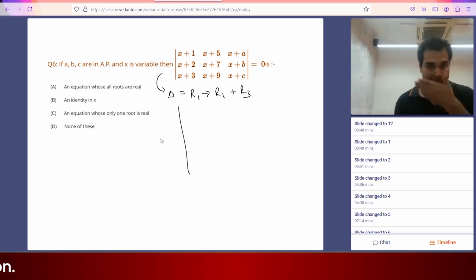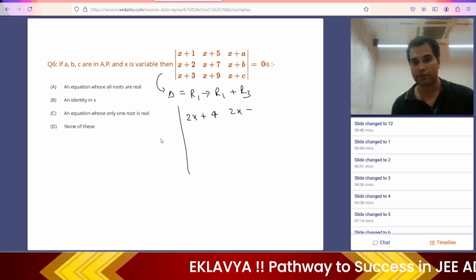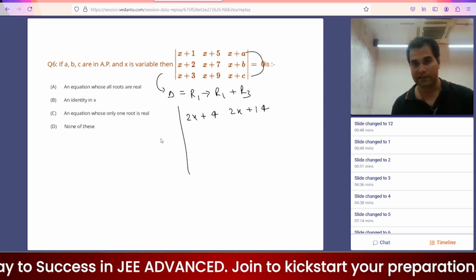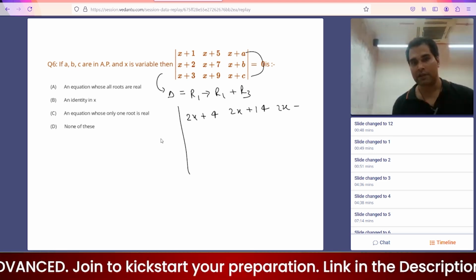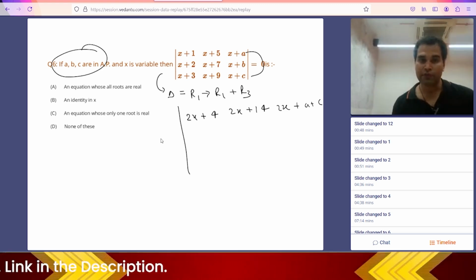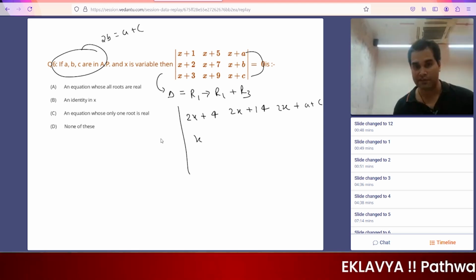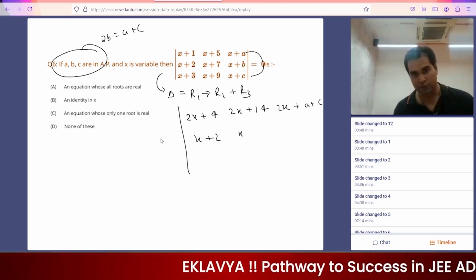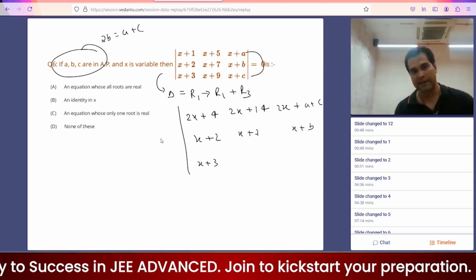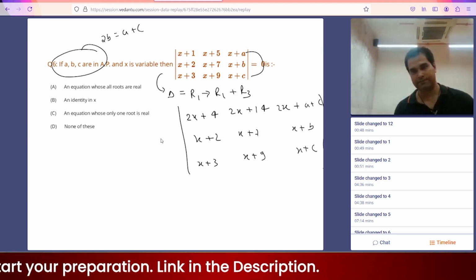When R1 implies R1 plus R3, this means x plus x, 2x, and 3 plus 1, 4. Here 2x plus 9 plus 5, 14, and here x plus 2x plus a plus c. And as we know that A, B, C are in AP, this means 2b equal to a plus c. And here x plus 2, x plus 7, and x plus b, x plus 3, x plus 9, and x plus c.